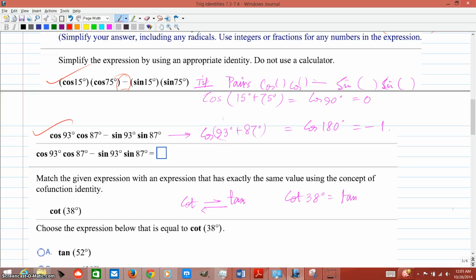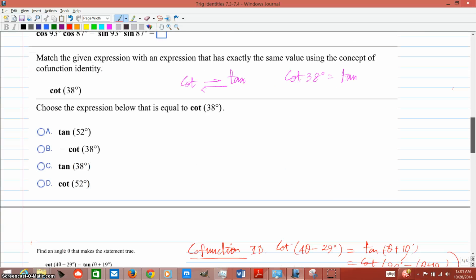Okay, now take a look at this particular one, cotangent of 38 degrees, and it asks you to write it in terms of the cofunction identity. If you remember the cofunction identity, it's basically sine function. If you just add the term co in front of it, you get the cofunction of that one, so it actually gives you cosine.